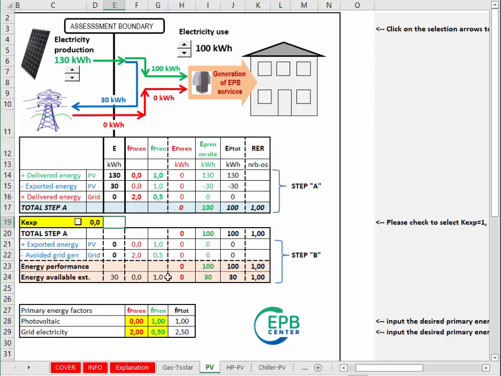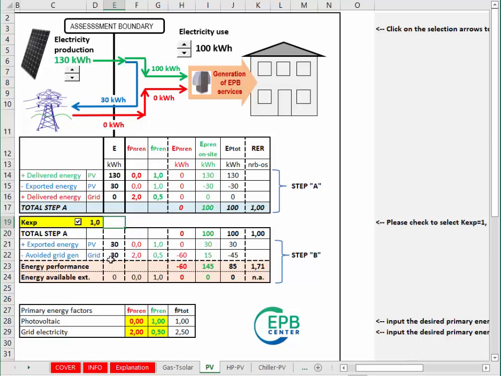If we decide to select K exported equal 1, in that case, the exported electricity will be evaluated according to the avoided use of resources by the grid generator. So in this case, to complete the calculation, we have to take into account again the cost of producing the exported electricity, that is 30 kilowatt hours of PV electricity, and we deduct the resources avoided by grid generators.